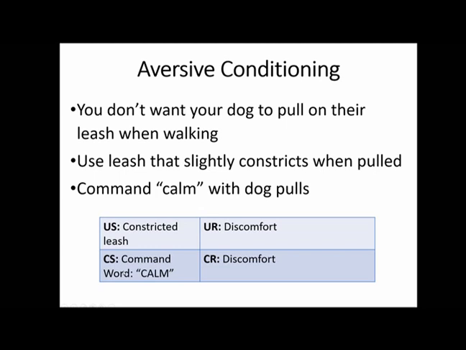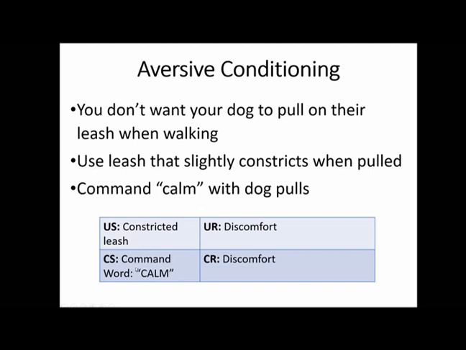And so this time we're going to use the same conditioned stimulus. Preferably this would be a different dog. You don't want to confuse them. But you could say calm when they start pulling. And so if you're saying calm and they're pulling and experiencing discomfort because of the pulling, then you can eventually get them to learn that saying calm happens before they pull on the leash and feel that discomfort.